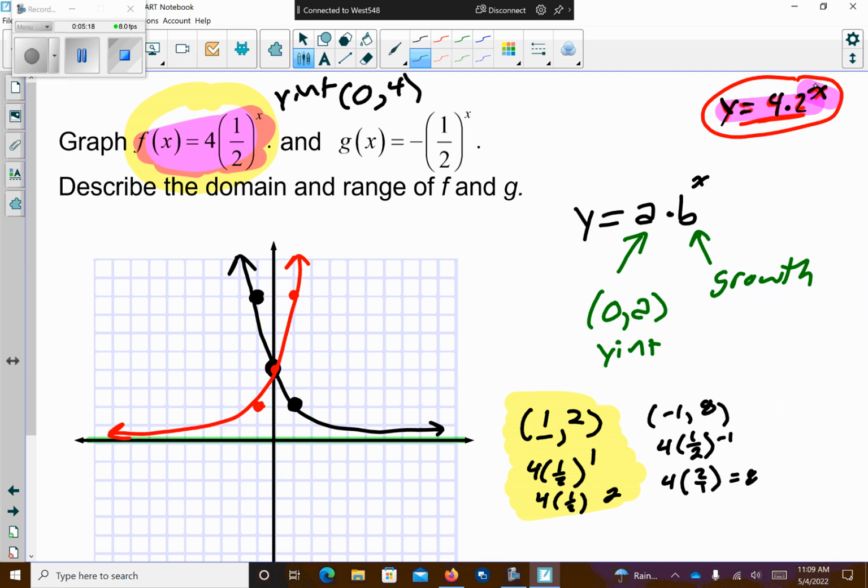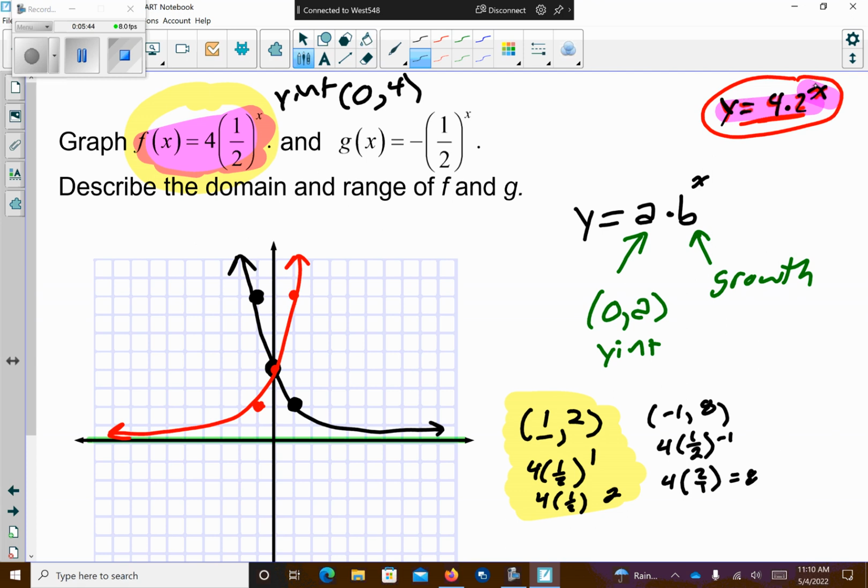Take a look at the two things I have highlighted in the pinkish purple. One is 4 times 2 to the x, and one is 4 times half to the x. What's the difference? What value, A or B? B. Notice the B value is a fraction between 0 and 1. Okay? Because there's a fraction, that means it changes the direction.